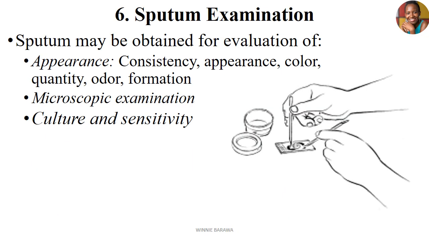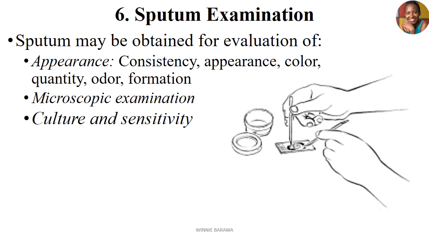Sputum examination, this is an additional one that I've added. Sputum may be obtained for different reasons. That's one thing we need to understand first. But once we have the sputum specimen, we are normally advised to check the appearance, that is, the consistency of the sputum and its color.